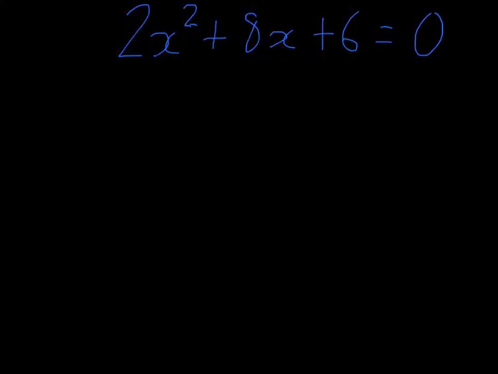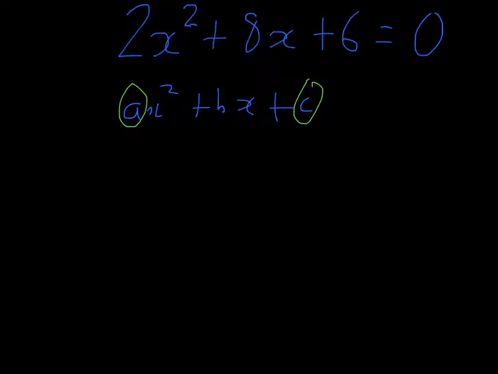Sometimes your quadratics will be non-monic, meaning that there is a coefficient outside the front. The way I solve those is I look for the factor pair, knowing that a quadratic equation is ax squared plus bx plus c. I look for the factor pair of a and c.